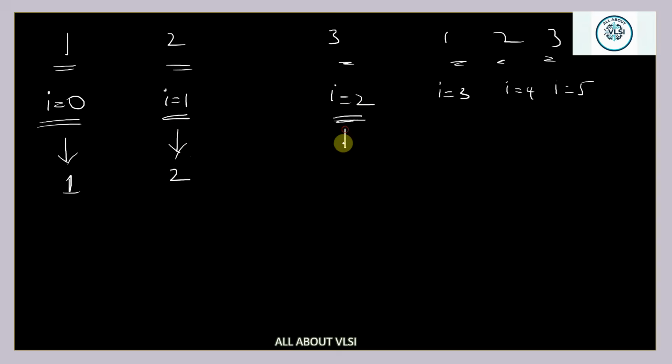Here the remainder is 2, and adding 1 gives 3. Now, what is 3 divided by 3? The remainder is 0, and adding 1 we get 1, and it repeats. 4 divided by 3, the remainder is 1, and adding 1 we get 2. This is how you generate the pattern.